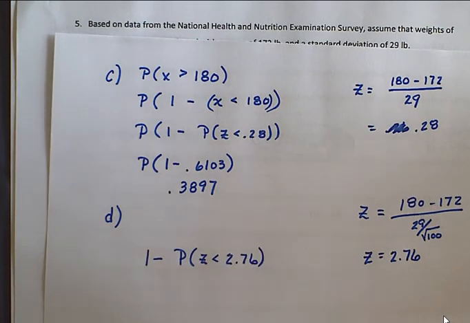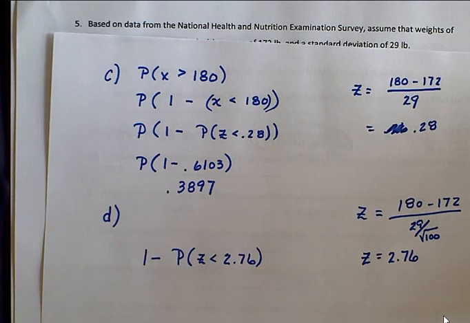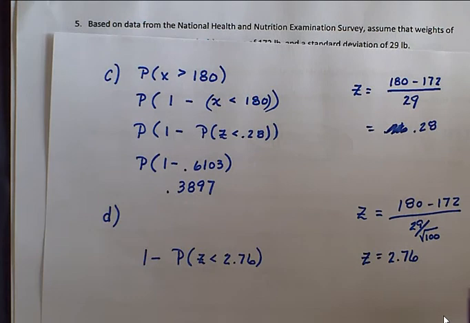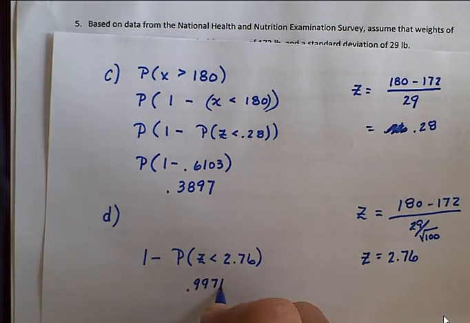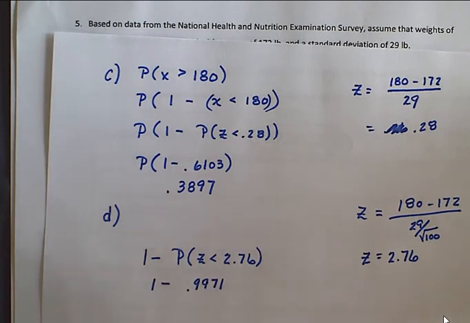When I look that up, 2.76 is 0.9971, and 1 minus that is 0.0029.